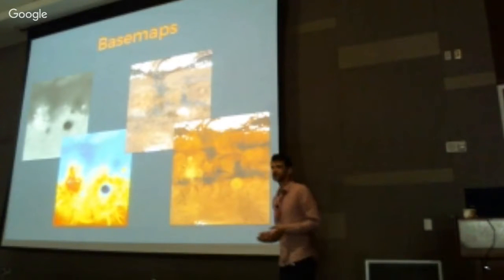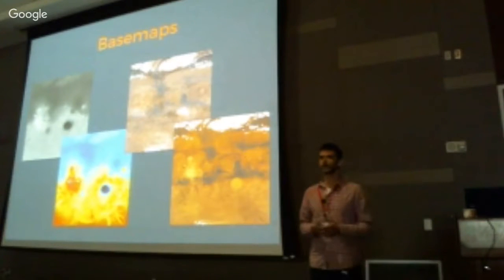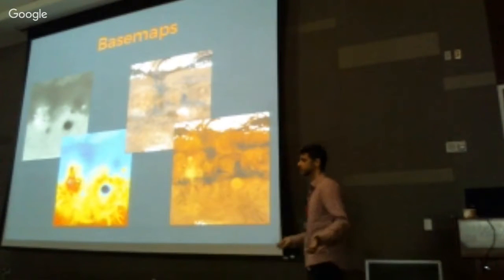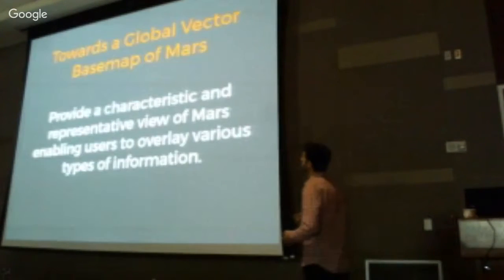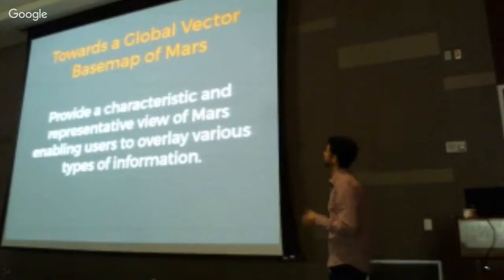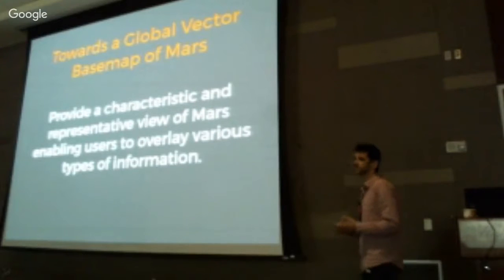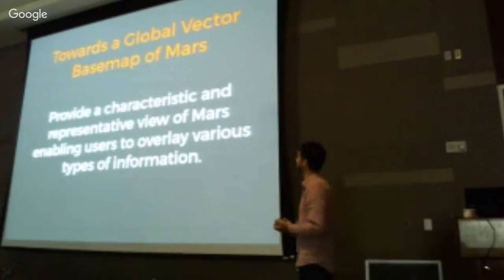And in the modern age, we've seen vector-rendered maps popping up, for example if you use Google Maps. So our aim is to move towards a global vector-based map of Mars. And what we want to do is provide a characteristic and representative view of Mars, enabling users to overlay various types of information, as many as possible.